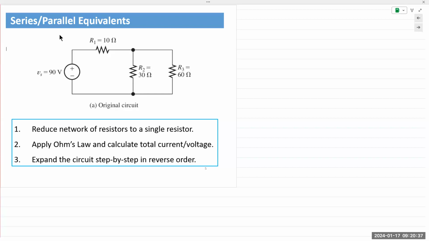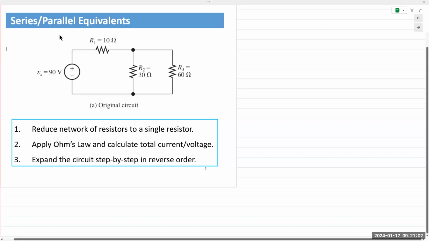If a question asks you to apply this technique, 100%, the circuit can be reduced. I'm not going to trick you by asking you to reduce a circuit that cannot be reduced. So reduce the network of resistors to a single resistor, apply Ohm's law, determine the voltage or determine the current. If you are given a voltage source, you find the total current in the circuit.